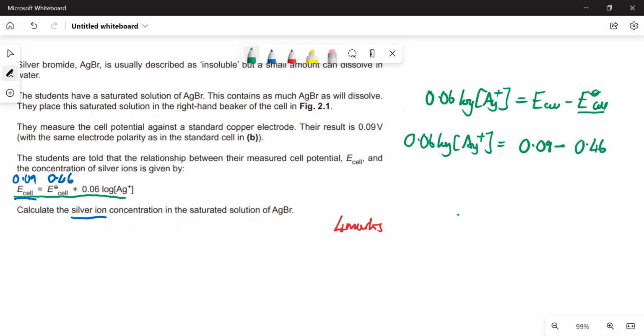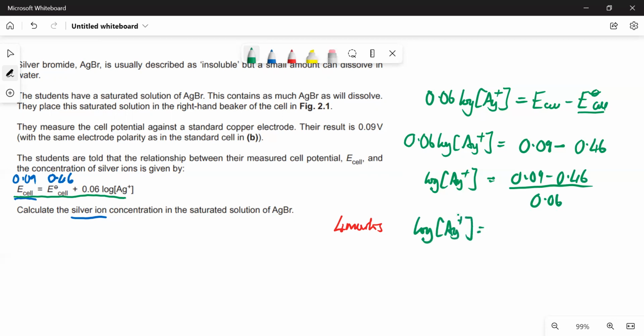Okay, so divide both sides of the equation by 0.06, we get log Ag+ is equal to 0.09 minus 0.46 divided by 0.06. So log Ag+ is equal to, that works out to be minus 6.16.